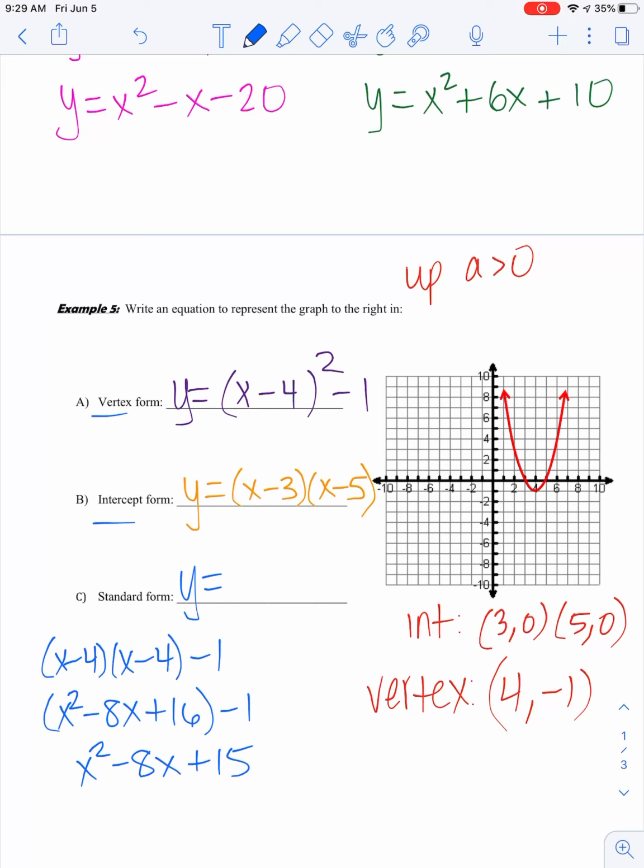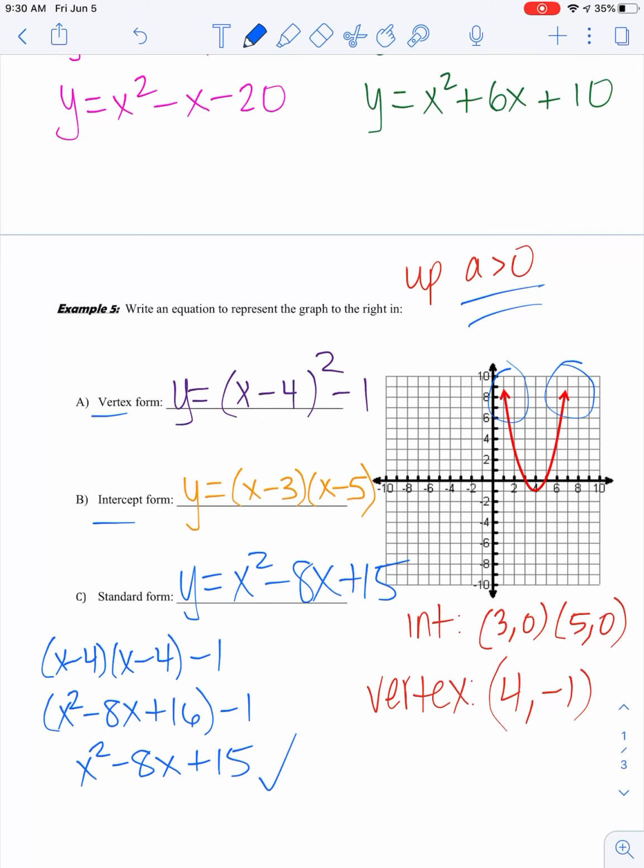And if I were to FOIL part B, I'd get x squared minus 5x minus 3x is minus 8x plus 15. So same answer. So you don't get standard form directly by looking at the graph, but you can get vertex form using the vertex, intercept form using the intercepts. Notice it's opening upward, so our a, our initial value, is positive. And then standard form can be found by converting either part A or part B and multiplying everything out to get it into standard form.